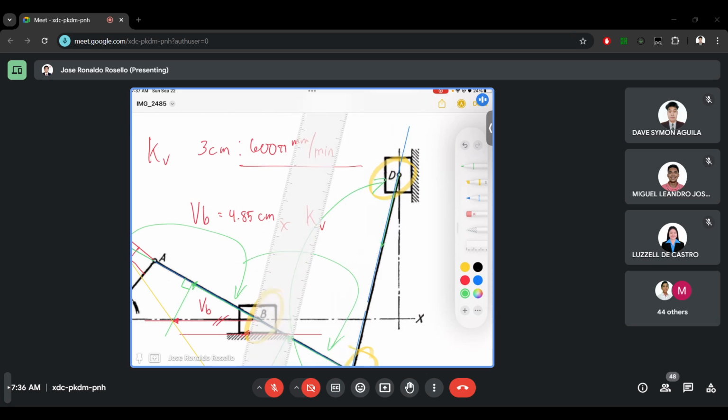So this is 4 centimeters. Then, make a perpendicular component. We now have the components of velocity D.